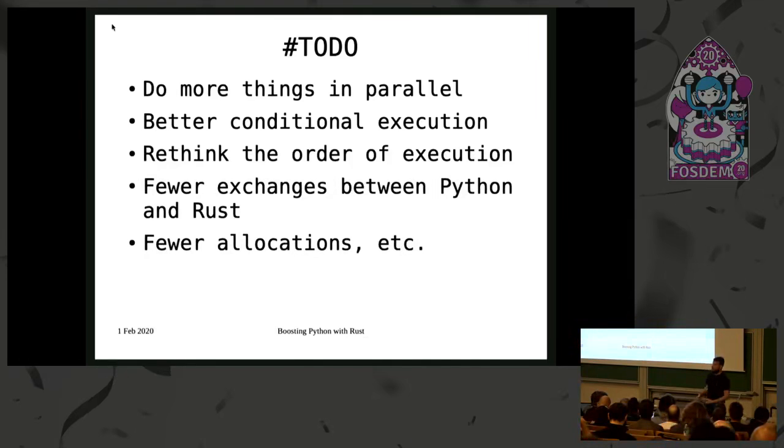So you can maybe think about the things that are not useful to do in any given situation. Maybe we can optimize some paths and maybe some not. We can see. We can rethink the order of execution.